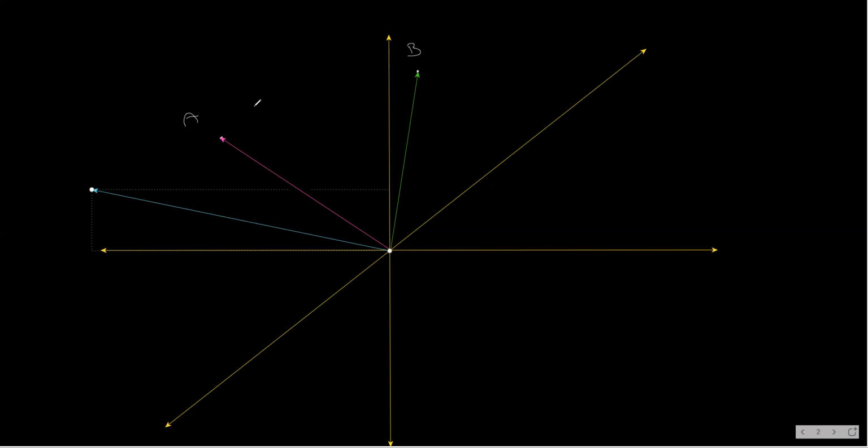So what you need to understand is this is your y-axis, this is x-axis, and this is z.